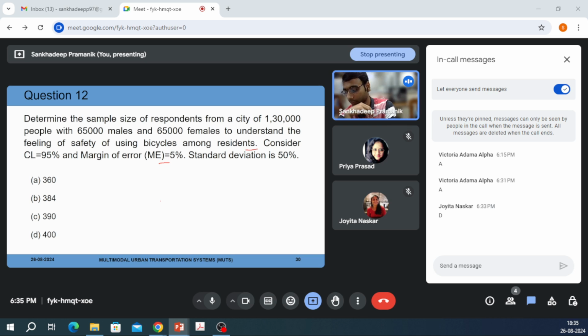You can take some time to calculate. And the Z value is 1.96.